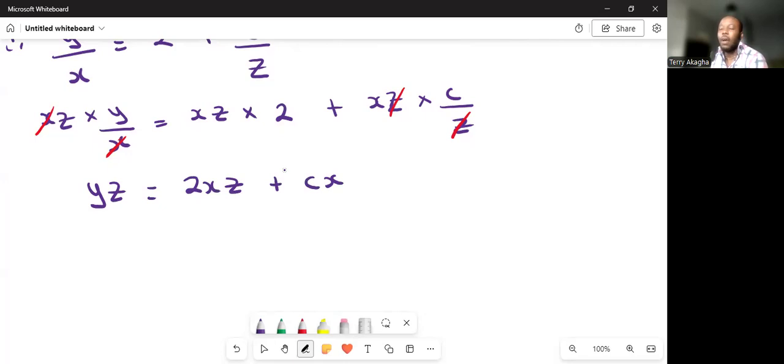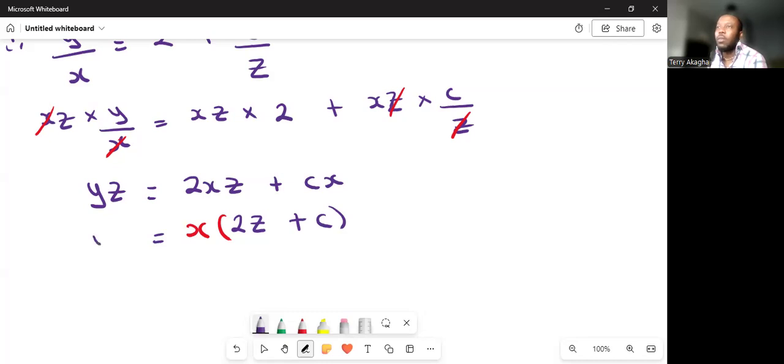Now, the next thing you have to do, we need X to be on one side. So I'm going to factorize here. That will be equal to, I'll take X out, and it's going to be left with 2Z plus C. In basic algebra, I've talked about the concept of factorization, and please make sure you go back and have a look.